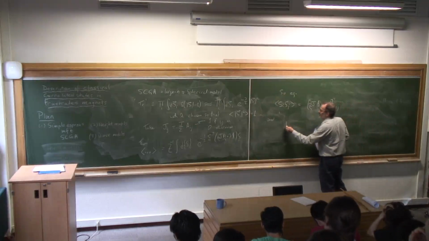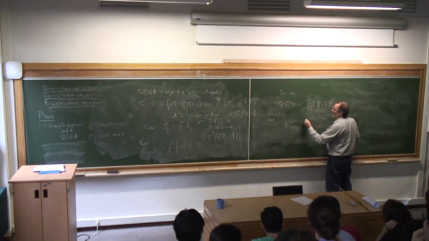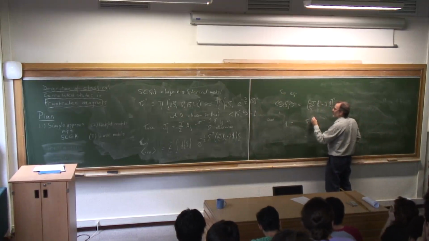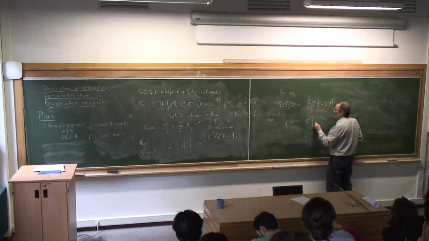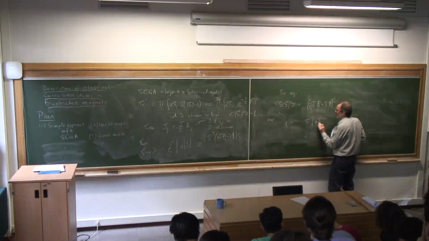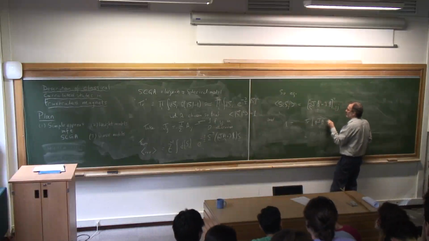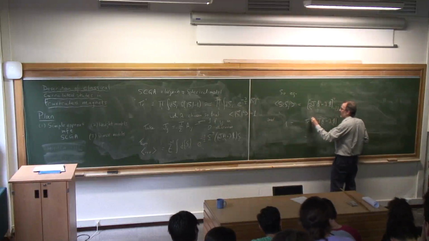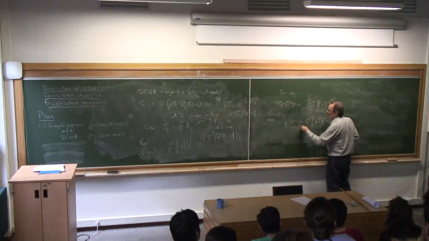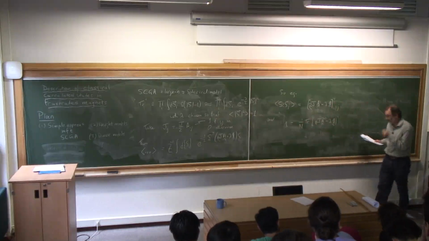So what we have is that 1 is the trace of beta J A plus lambda times the identity, inverse, with 1 over N for the averaging.